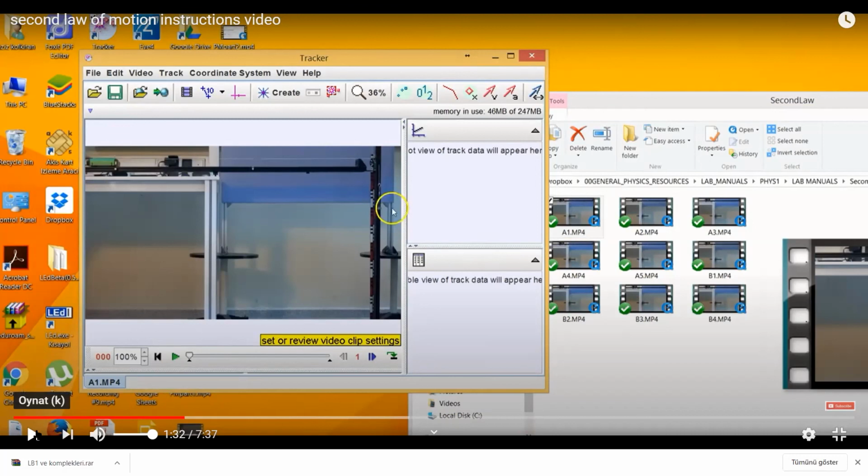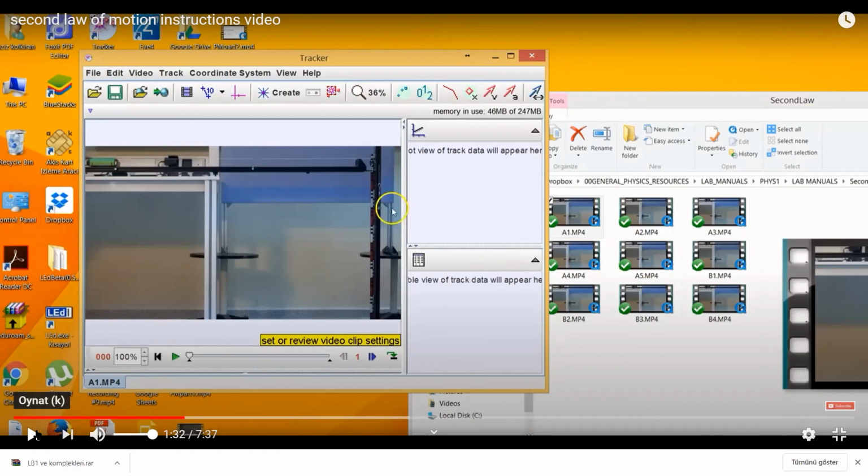If 52 frames are played in 1 second, the time a frame stays on the screen should be 1 divided by 52 seconds. This time is also equal to the time passing between frames, namely the time data of each frame is recorded by Tracker.